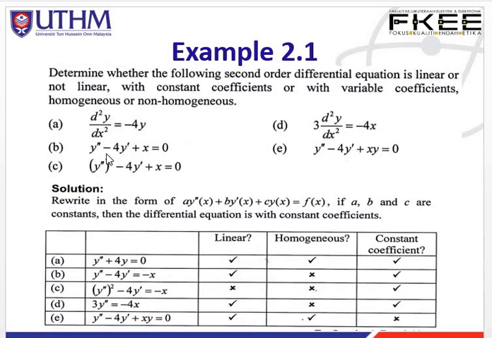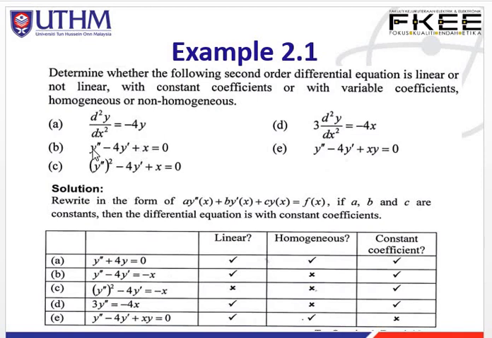Now we look at the second equation: y double prime minus 4y prime plus x equal to 0. Is it in this form? Here we have y double prime and y prime, but no y, so we move the x part to the right-hand side.